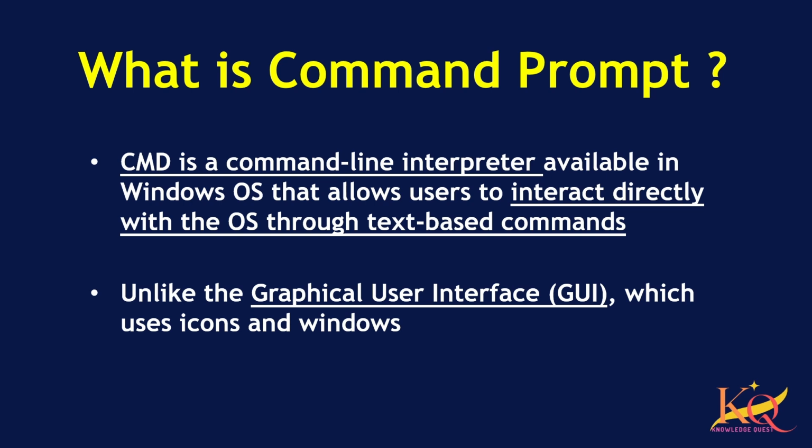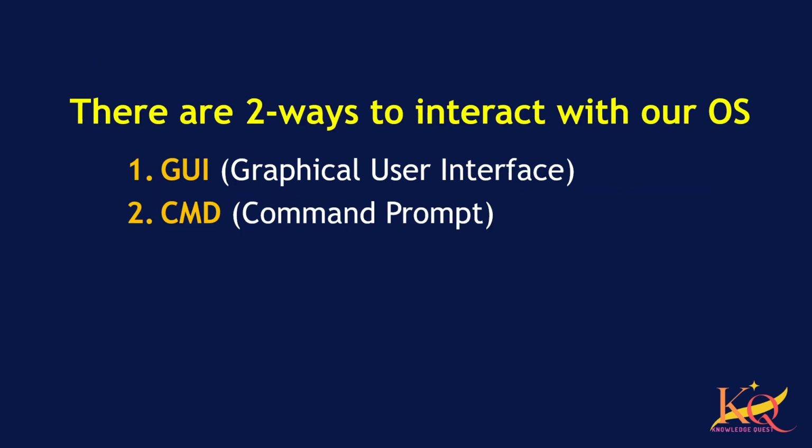For explaining what is command prompt, I have copied this definition from Wikipedia, but here you need not be worried. Just remember CMD is a line interpreter and it takes text-based commands to execute our task. Why and how, we are going to see with an example. Suppose you have a folder on your desktop and you want to see which files are present in that folder.